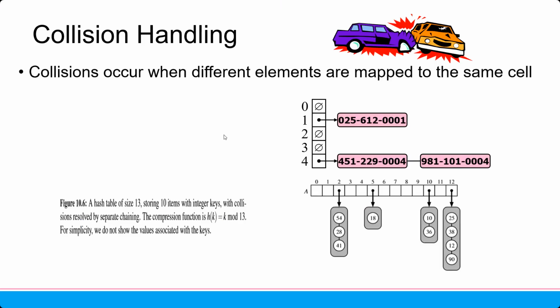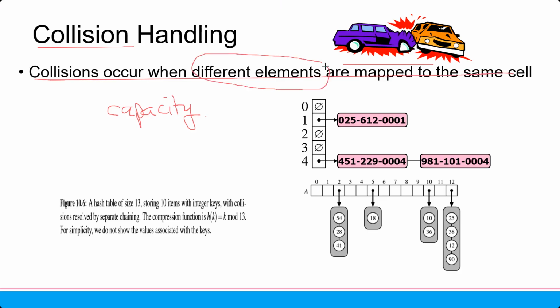So using the hash map, because we have a limited capacity, there might be collisions. What is a collision? We can see from this figure that there might be a crash between the numbers. Collisions occur when different elements are mapped to the same result.